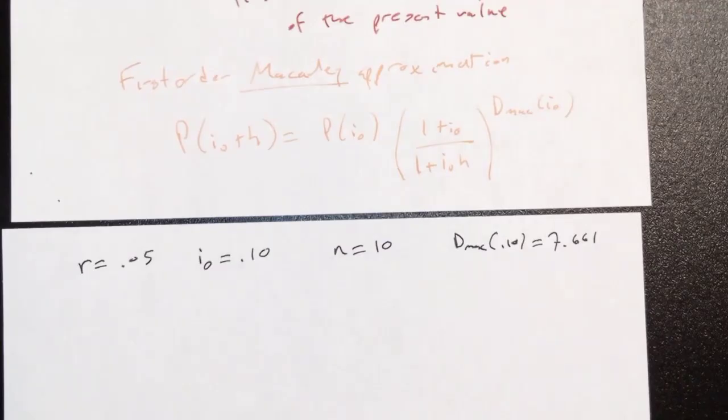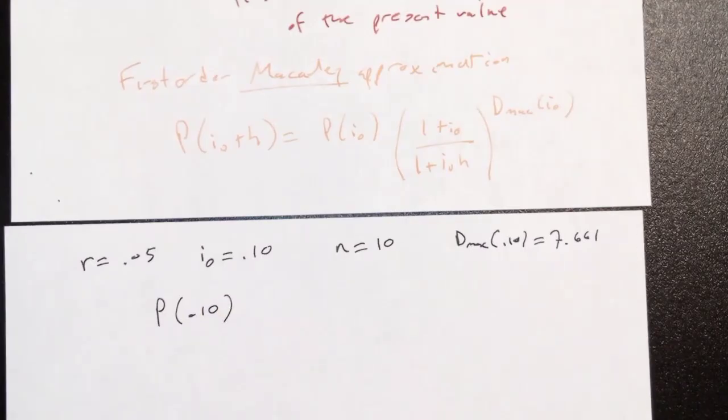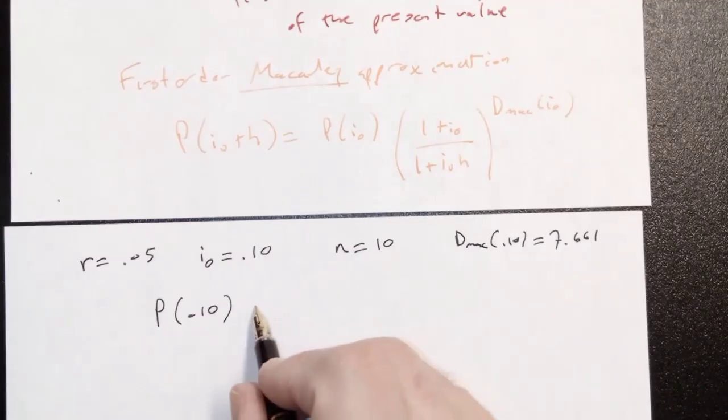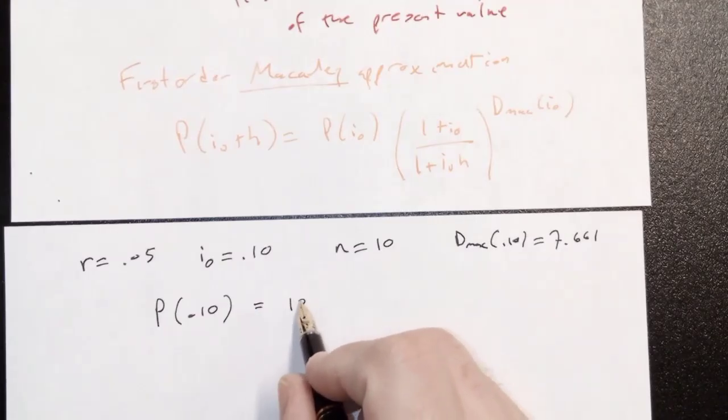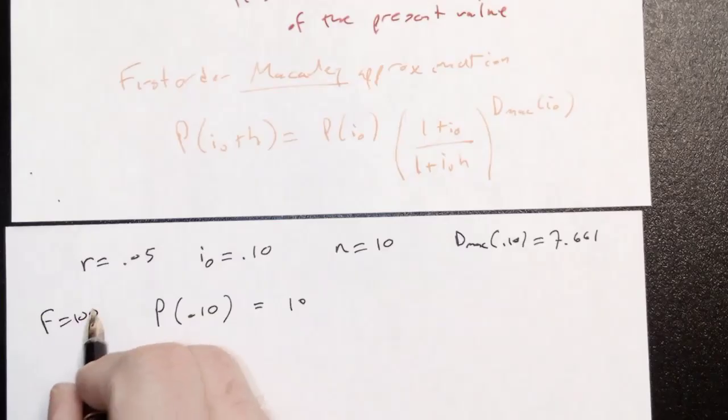What's the present value of this bond right now? Present value of this bond, P of 0.10. Well, that would be the future, sorry, I need a future face value of 100.